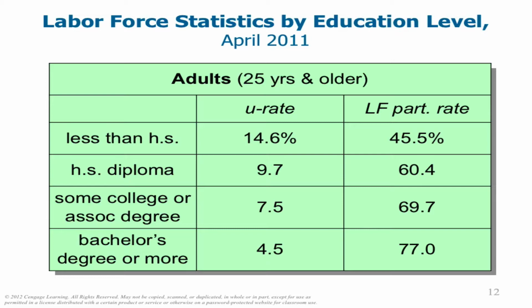It kind of makes some sense, doesn't it? As you attain higher and higher levels of education, the hoops get smaller and they get higher. You have to be more adept and better at jumping through them, and you have to be more focused as you do so, thus increasing your likelihood of attaining employment and keeping it.